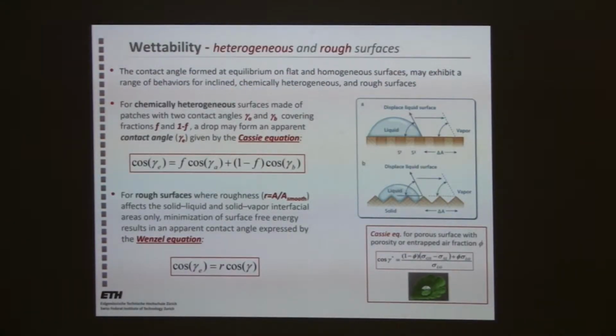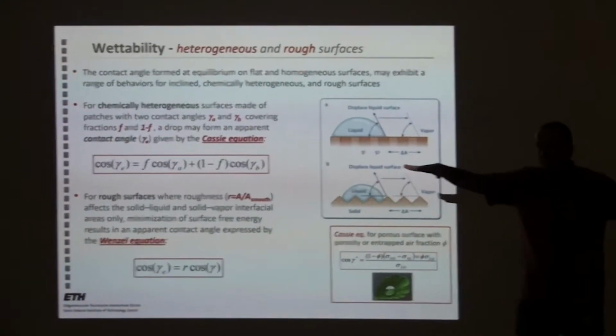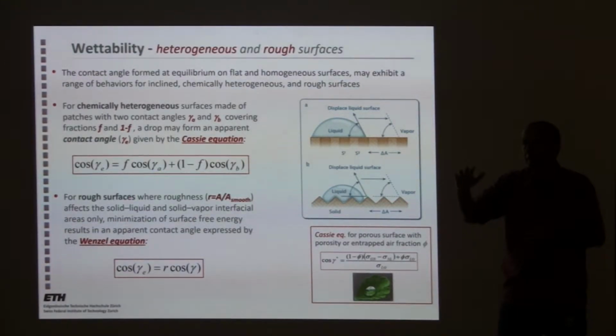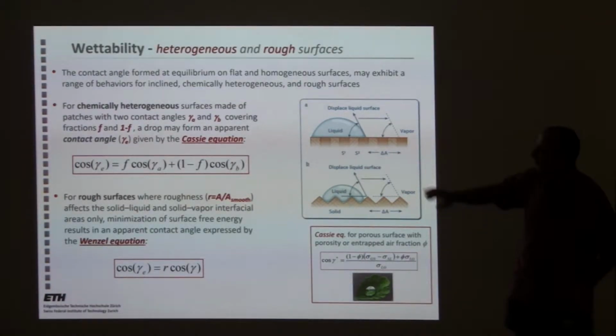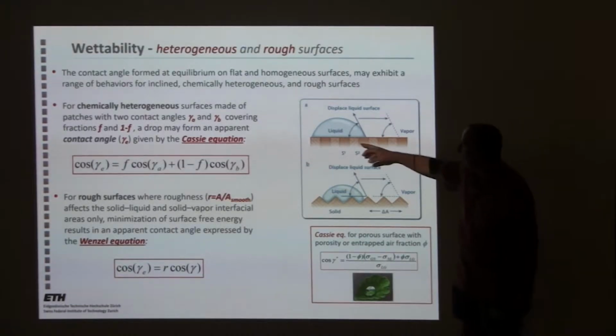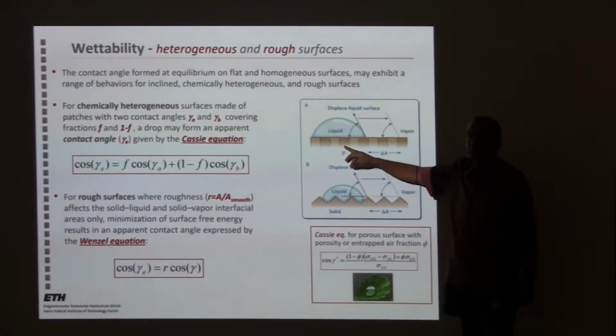The description here is quite reasonable when you look at flat, horizontal, homogeneous surfaces. When you see this same behavior on tilted surfaces, you'll see some more complex behaviors. I'll talk about two examples. One is when you wet a chemically heterogeneous surface, where I have volume fractions, or areal fractions if we wish, of materials of two properties.